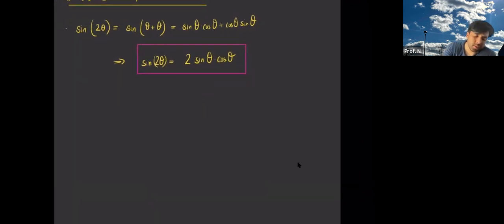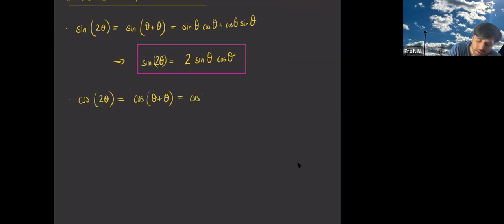The harder one, or I wouldn't say the harder one, it's just the more involved one, is cosine of twice the angle. What is cosine of twice the angle? Well, it's the same idea, isn't it? Same principle. Cosine of theta plus theta, because 2 theta is theta plus theta. So I have the sum formula for cosine. The sum formula of cosine looks like the following. It's cosine theta times cosine theta minus sine theta times sine theta.